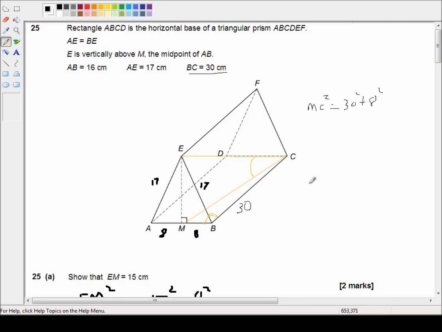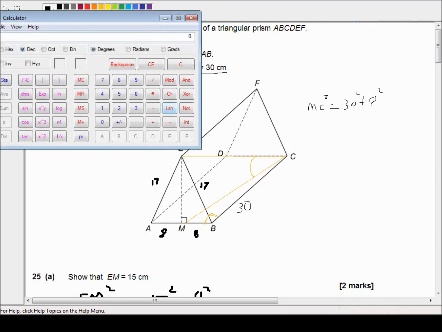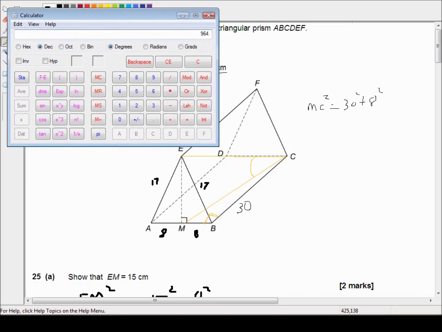Okay, so I'm going to grab my calculator. Okay then, so I've got my calculator. So I'm just going to type in 30 squared plus 8 squared. That's 964. So if I take the square root of 964, it's 31.048, 31.05.